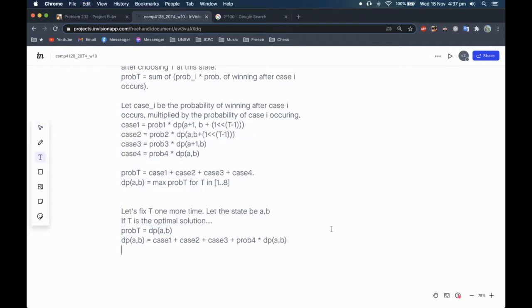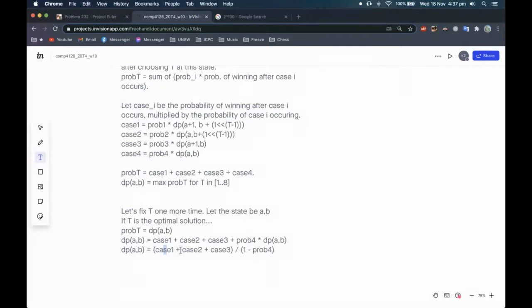So rearranging this, what we'll get is dpAB equals the sum of all of this divided by 1 minus prob 4. In other words, if t is the optimal solution, then dpAB is equal to this formula here.